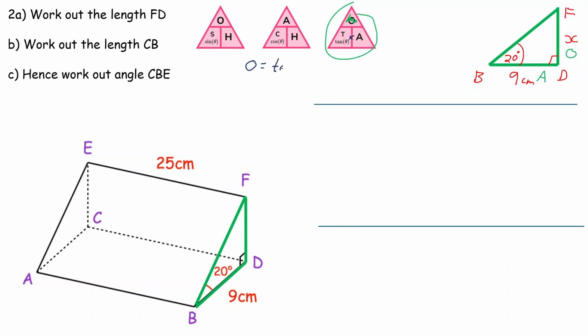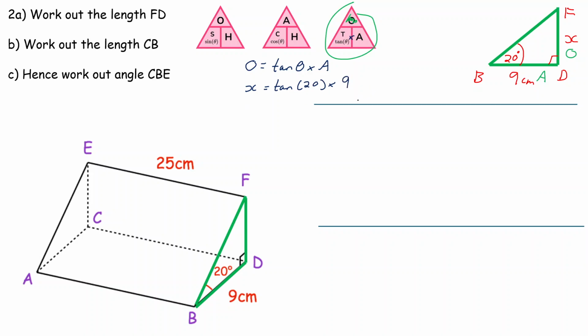O is what I'm trying to find, which is X. Substituting in my values, X is equal to tan of the angle, which is 20, times the adjacent side, which is 9.